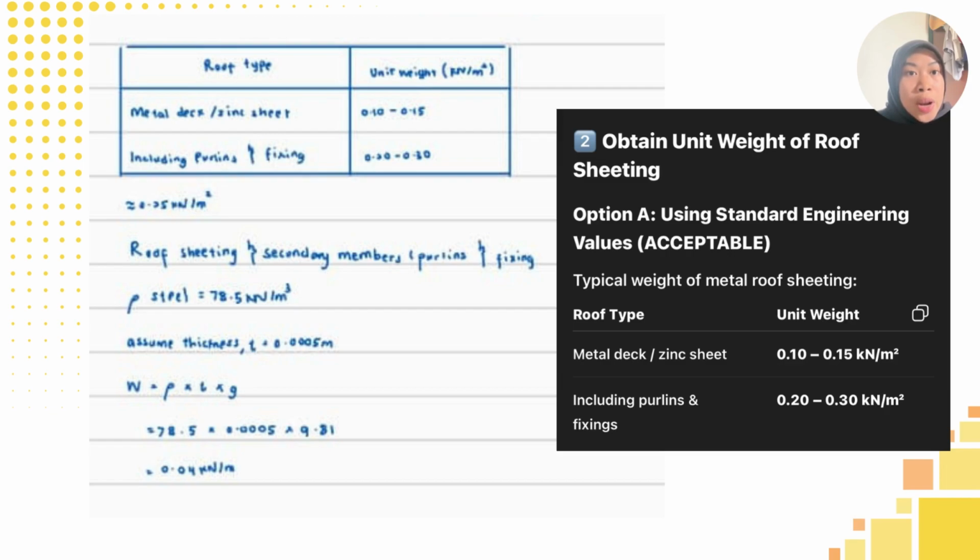As for the total weight, density times thickness times gravity, I got 0.04 kilonewton per meter. To obtain the unit weight of roof sheeting, I use standard engineering values, the typical weight of metal roof sheeting, that I show in the slide.